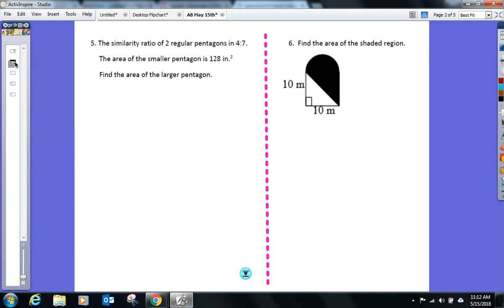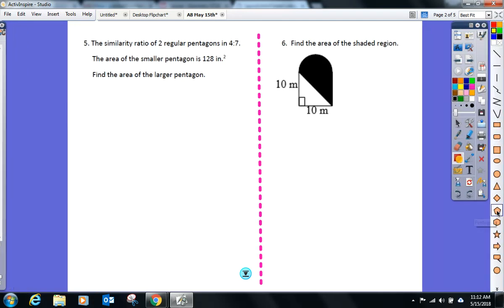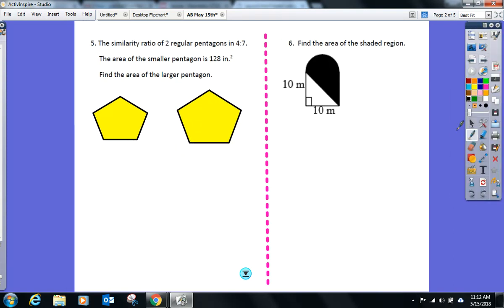First one I want to do with you, number 5 from the review packet. Okay, so you got two regular pentagons that are similar to each other, and their sides are in a ratio of 4 to 7.